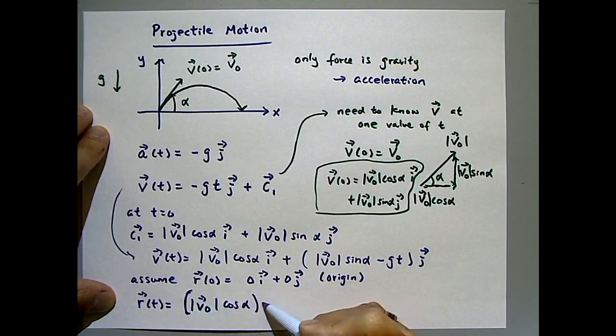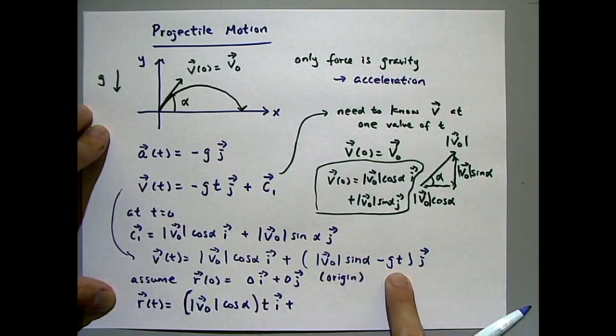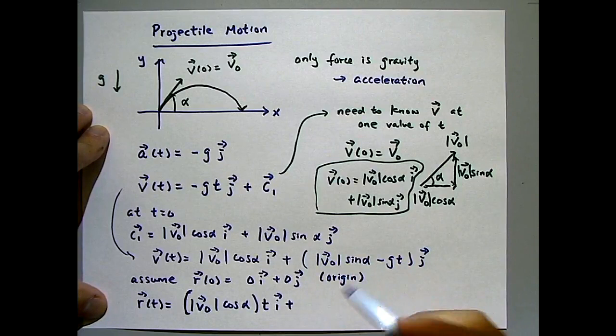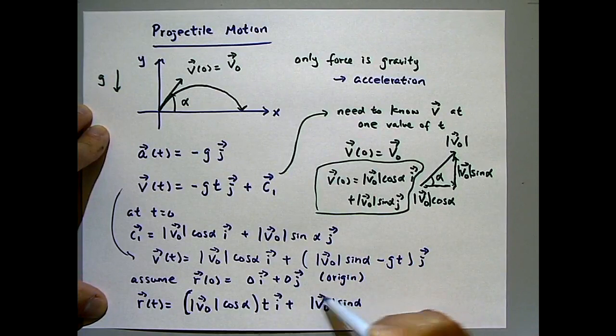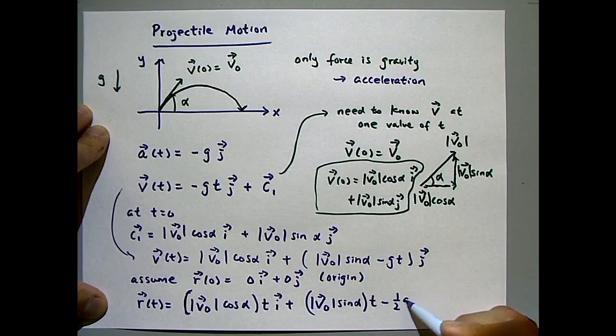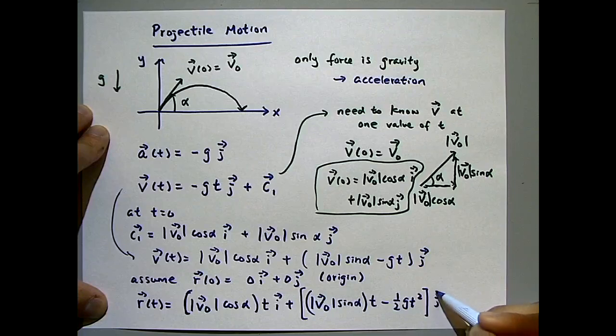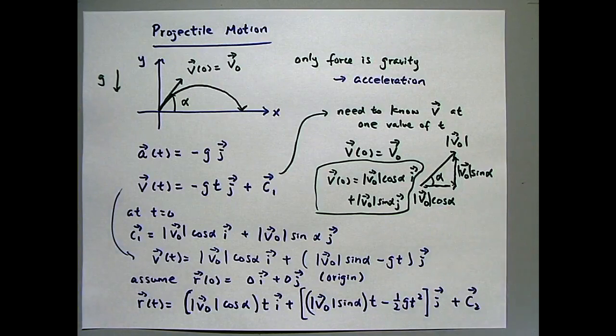So it's that thing times t i plus, now we got this thing here, it's a constant and something that depends on time. So here we get v sub 0 sine alpha t minus 1/2 gt squared, and all of that in the j component. And of course, some, as of now, unknown initial constant vector.